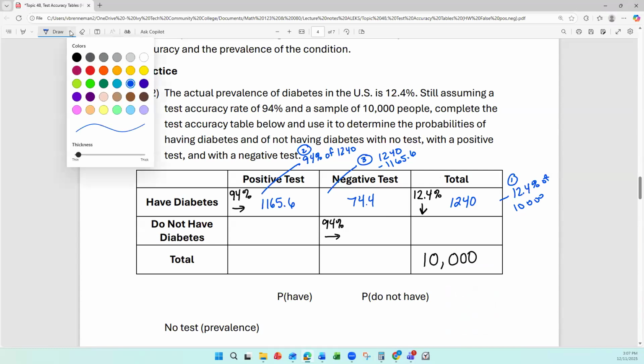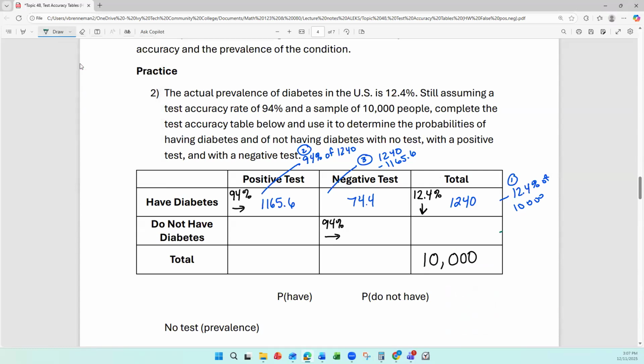All right, then I can go on to the ones that do not have it. So the rest of the 10,000, other than the 1,240 that do have it, is 8,760.